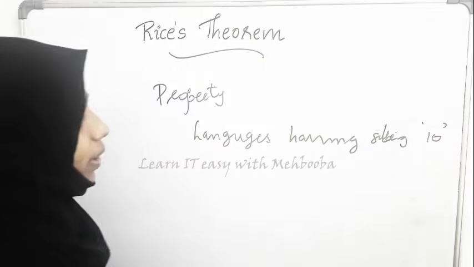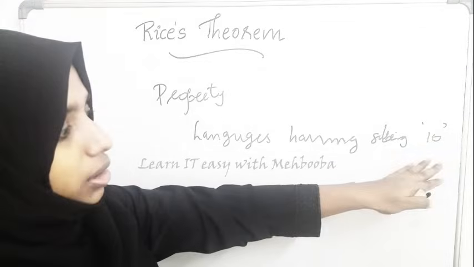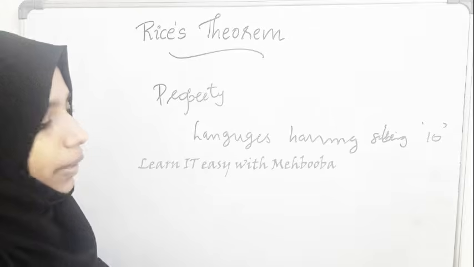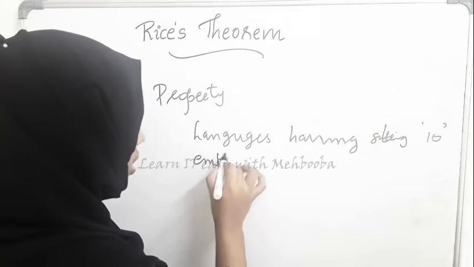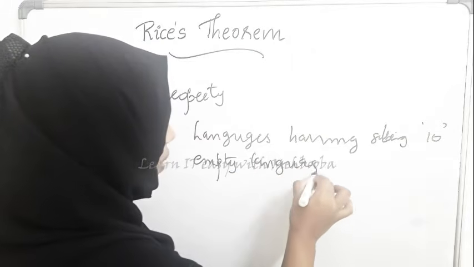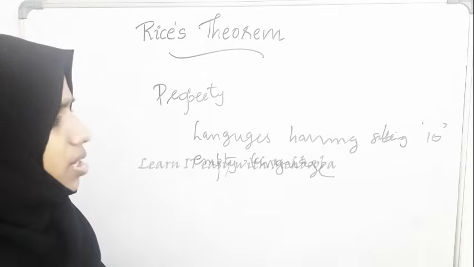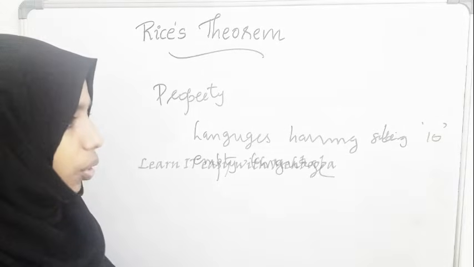This is actually a property, that is, if the language of a particular Turing machine has the string 10, that is actually a property. For example, an empty language, that is another property. If a Turing machine accepts empty language, that's a property of a Turing machine. So property is nothing but a set of languages that a particular Turing machine accepts or not.